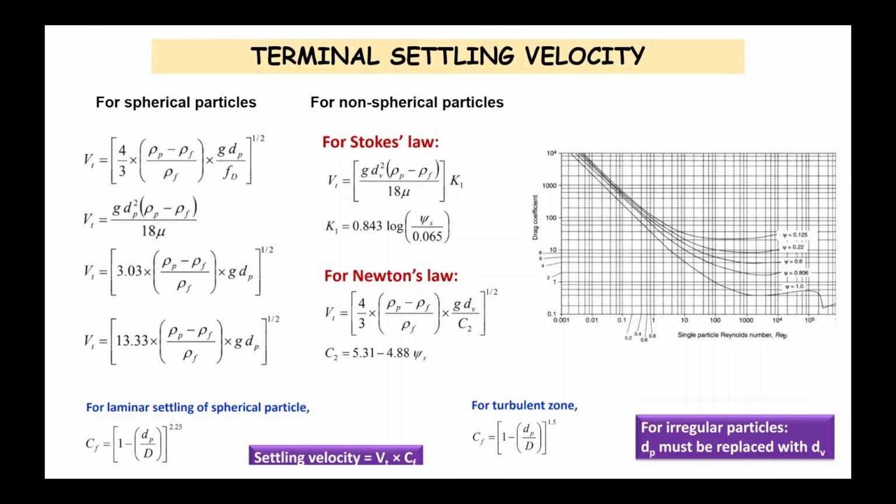First let us talk about single particles, then we will move on to multiple particles. For deriving the equation for the terminal settling velocity, we go for certain initial assumptions.